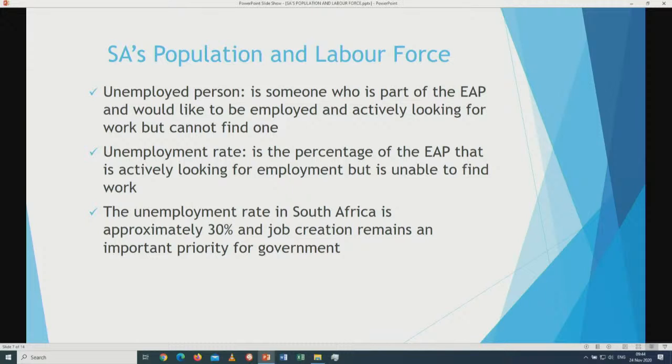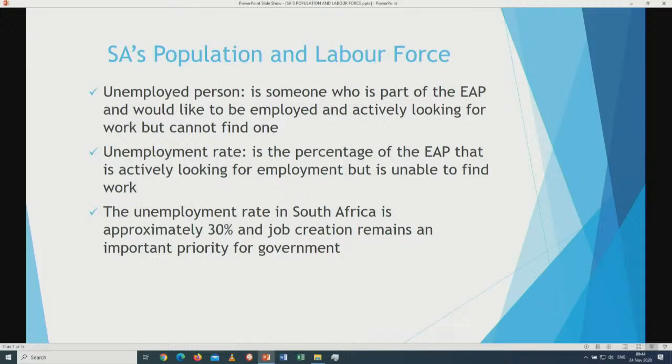So when you look at the unemployment rate in South Africa, it is stubbornly high at a rate of 30% or more, because sometimes statistics are not necessarily reliable, or they are not a true reflection of what is happening. There are those people who were looking for employment for quite a number of years until they reach a stage where they say, I give up, I don't want to go and look for employment because there are no employment opportunities in the country.